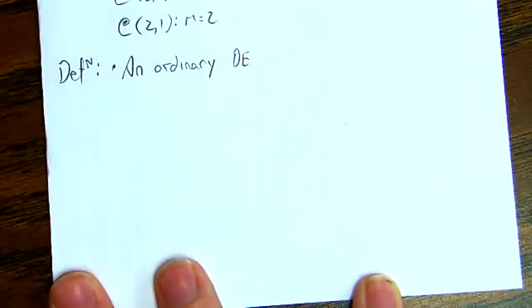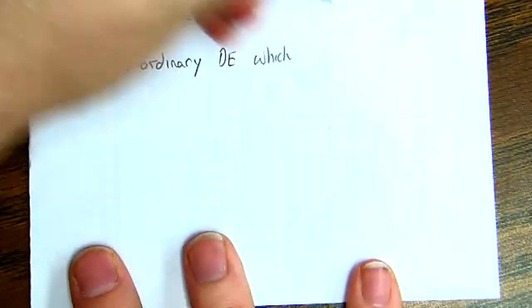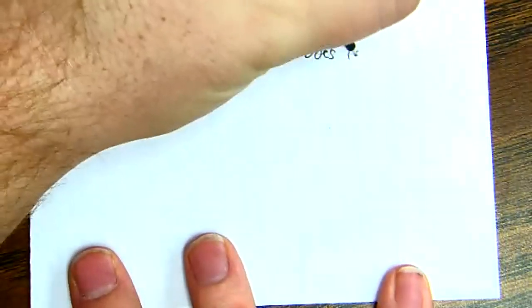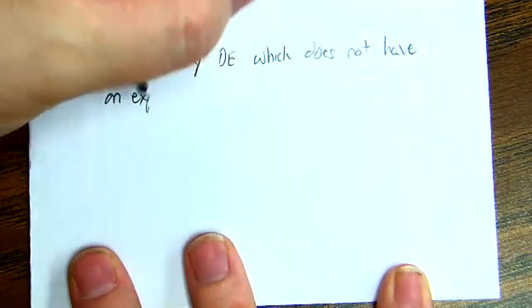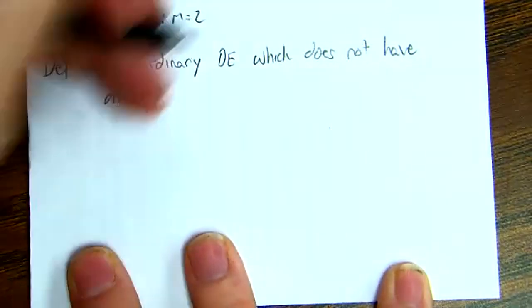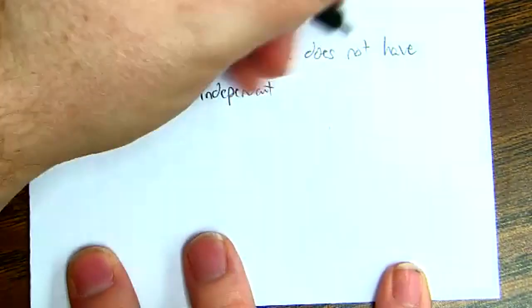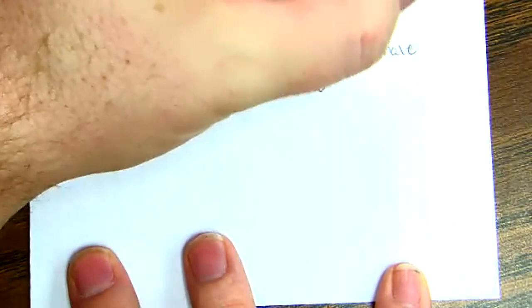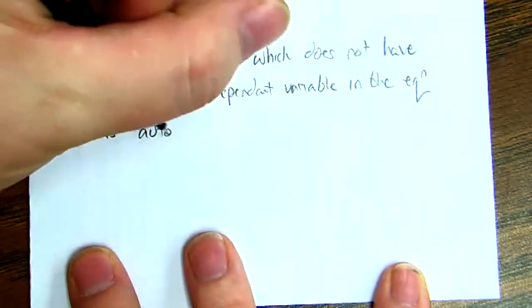If you have an ordinary differential equation which does not have an explicit independent variable in the equation, it is said to be autonomous.